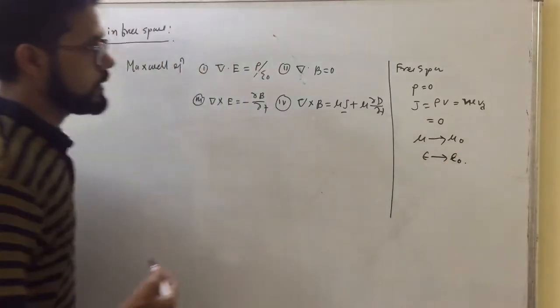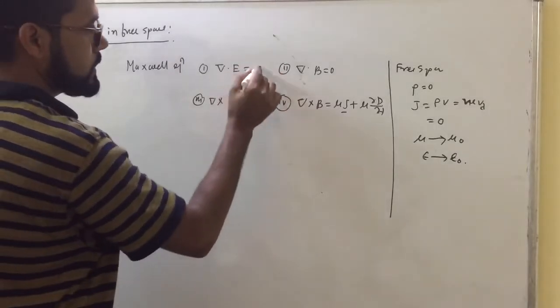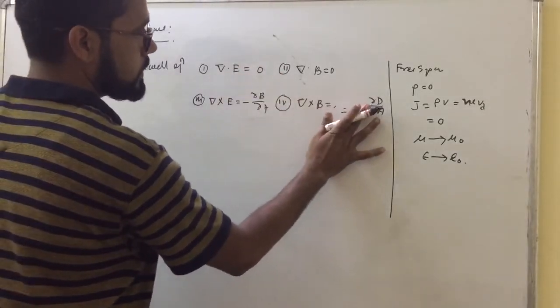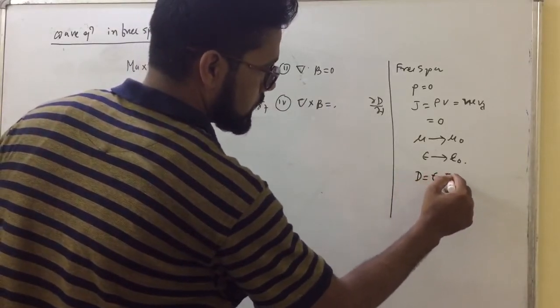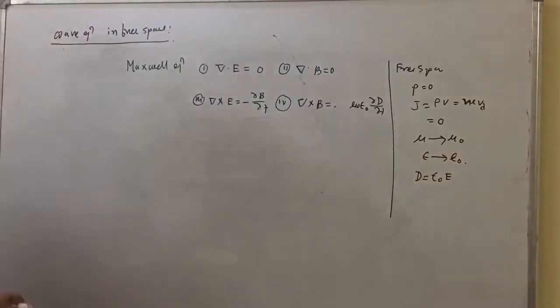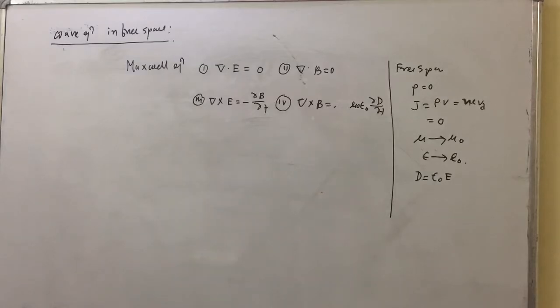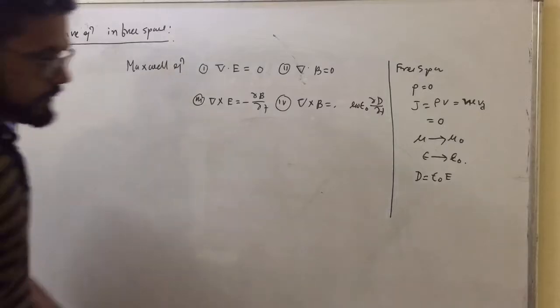These are the parameters. So in the wave equation in free space, this term will be 0 and this term will be 0, and in the other term, the displacement term, you can write mu naught epsilon naught. This is the Maxwell equations in free space.